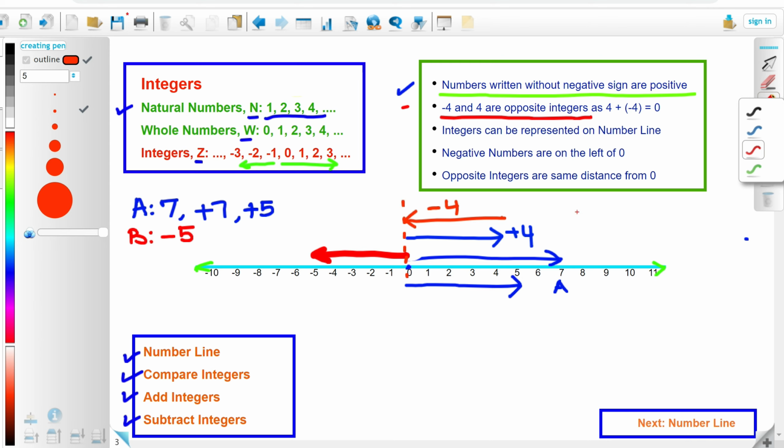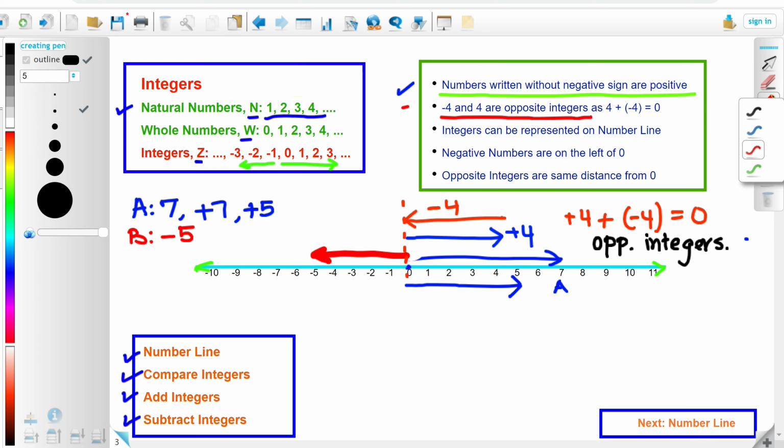Do you see that? So you can say that plus 4 plus minus 4 is equal to 0. That is what are called opposite integers. Is this clear to you? So I hope this concept is clear.